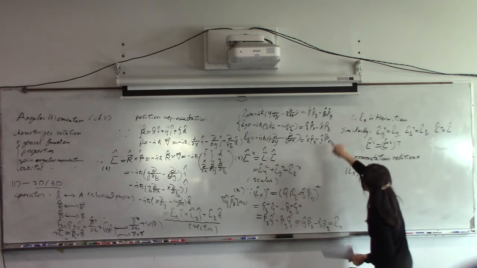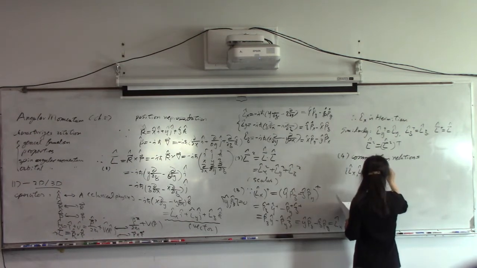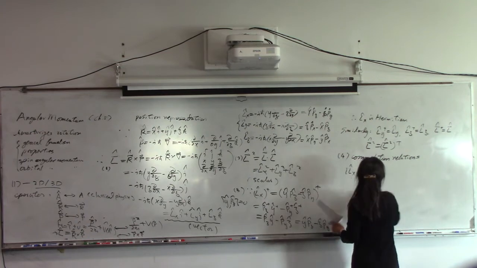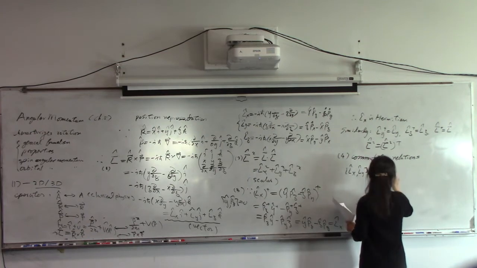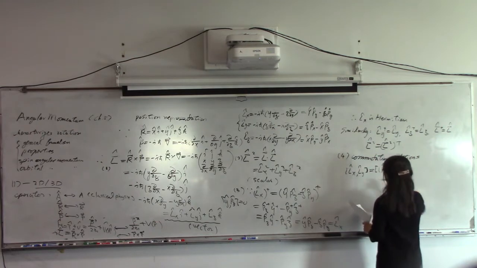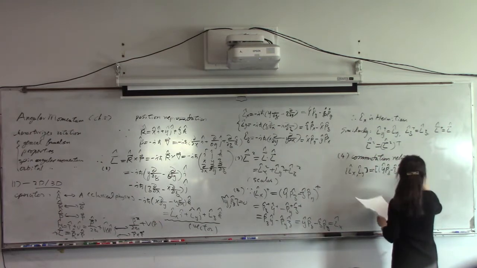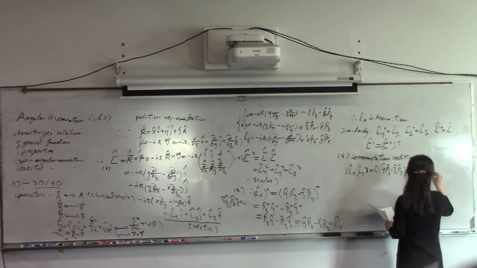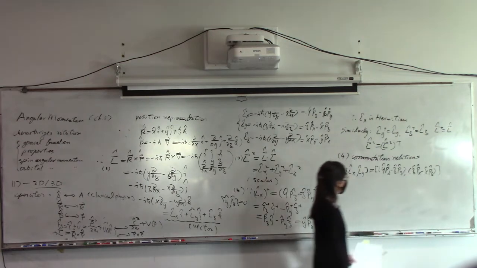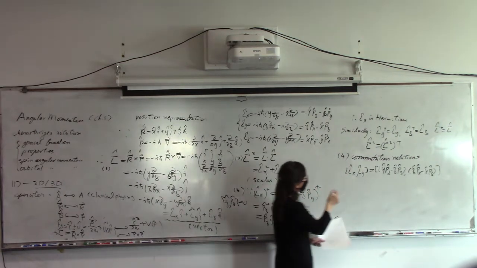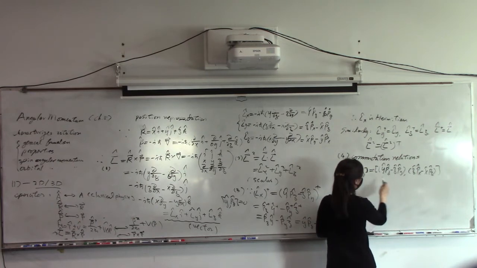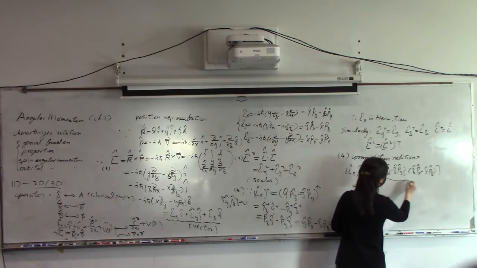Lx here, right? So Lx is y pz minus z py, and Ly is z px minus x pz. Okay, so now we have 4 commutators, right? So this one with this.